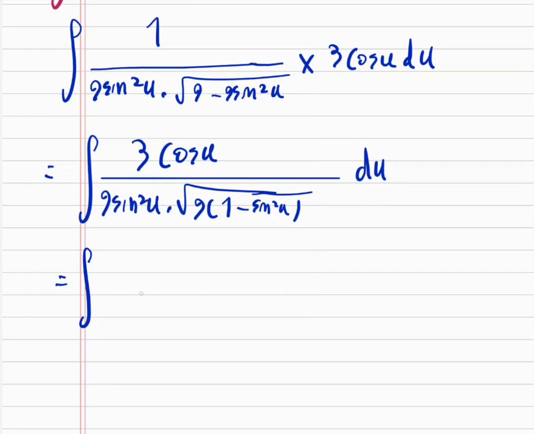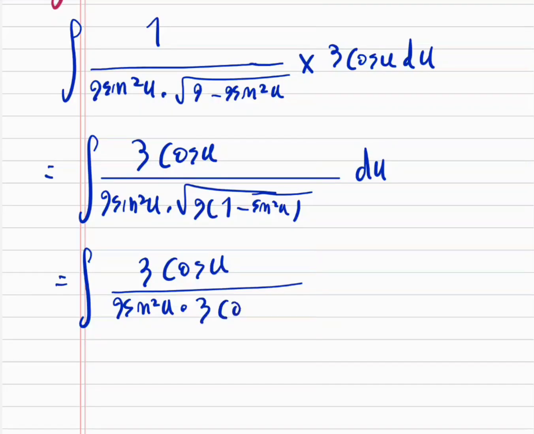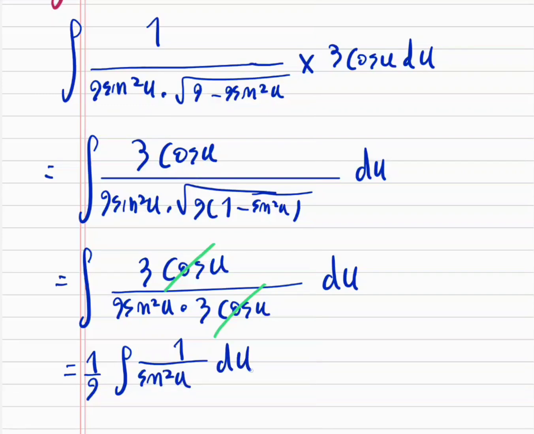So we have 3 cos u over 9 sin squared u times 3 cos u du. And now we have a nice simplification: 3 cos u simplifies with 3 cos u above, and we'll have 1 over 9 times 1 over sin squared u du.